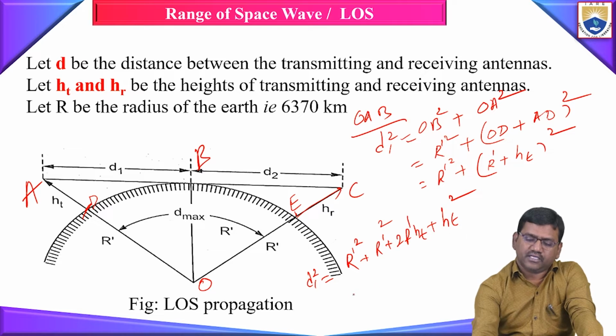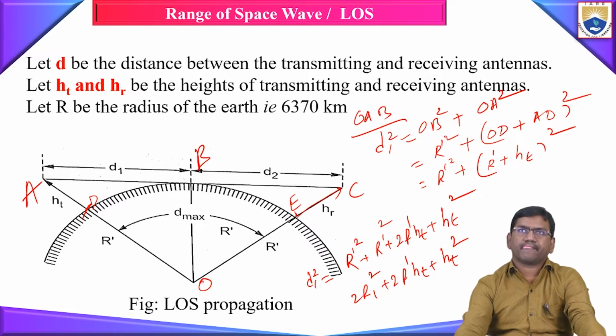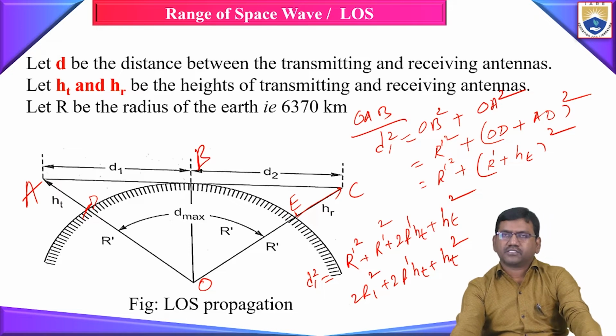So if you simplify this, you will get 2 R dash square plus 2 R dash HT plus HT square.